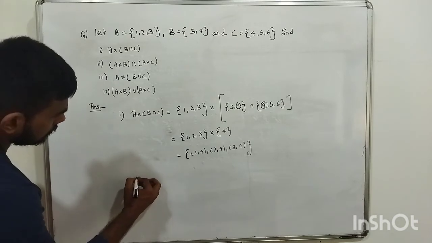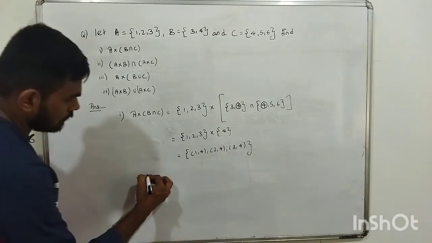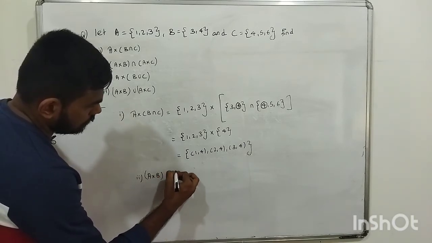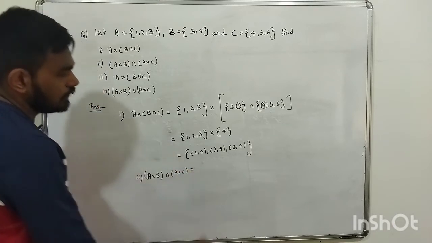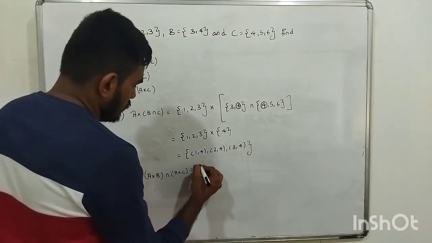Similarly, the second one, A cross B intersection A cross C. First we'll find A cross B, then we'll find A cross C, then we'll find the intersection of those.